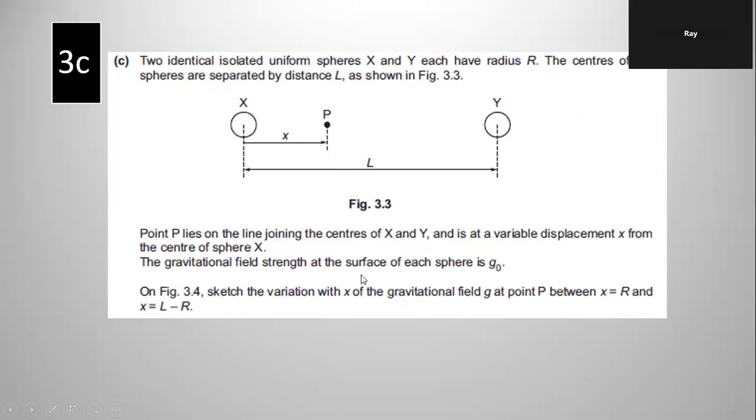The gravitational field strength at the surface of each sphere is G0. On figure 3.4, sketch the variation with x of the gravitational field strength G at P between x equals R and x equals L minus R. Right? That means from here to there. Radius is big R of the sphere.